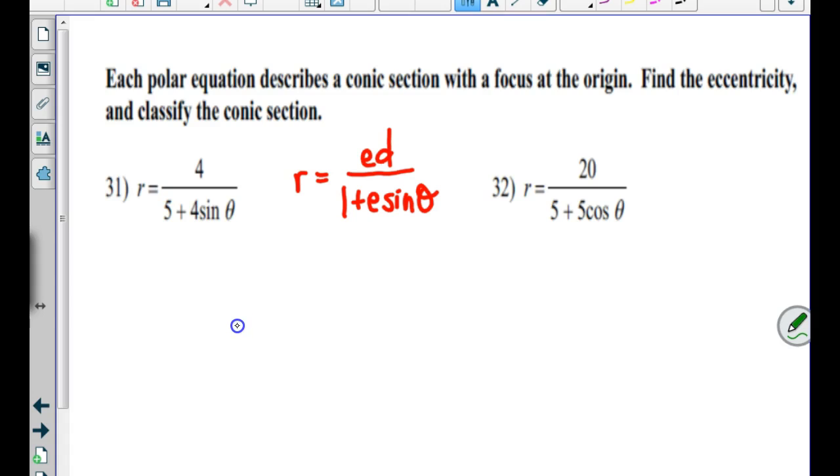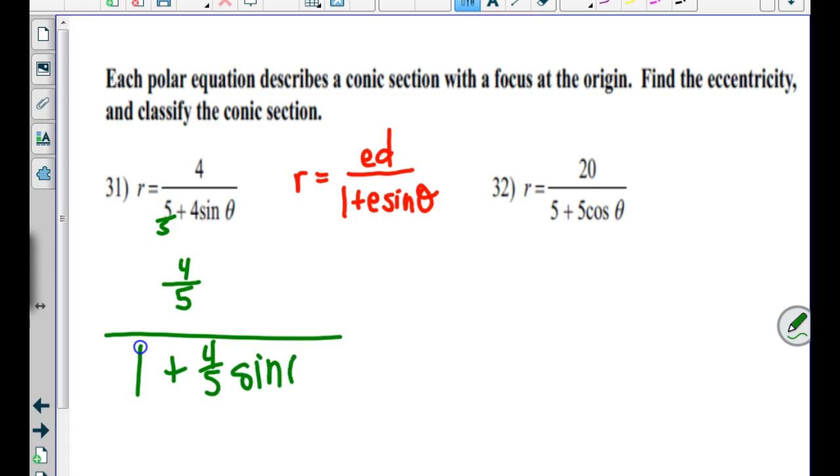Nobody? Which number has to be a 1? So what do we have to do to all these parts? So we get 4/5 over 5 over 5, which would be 1, plus 4/5 sine theta.